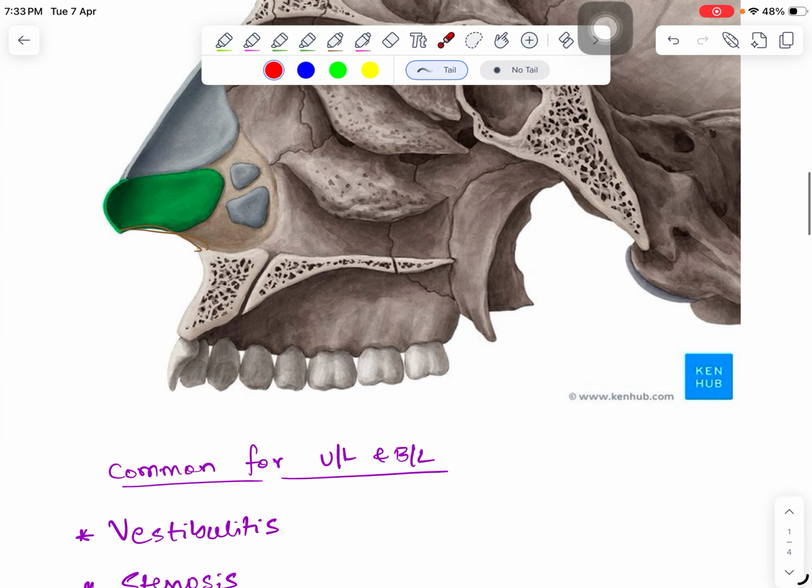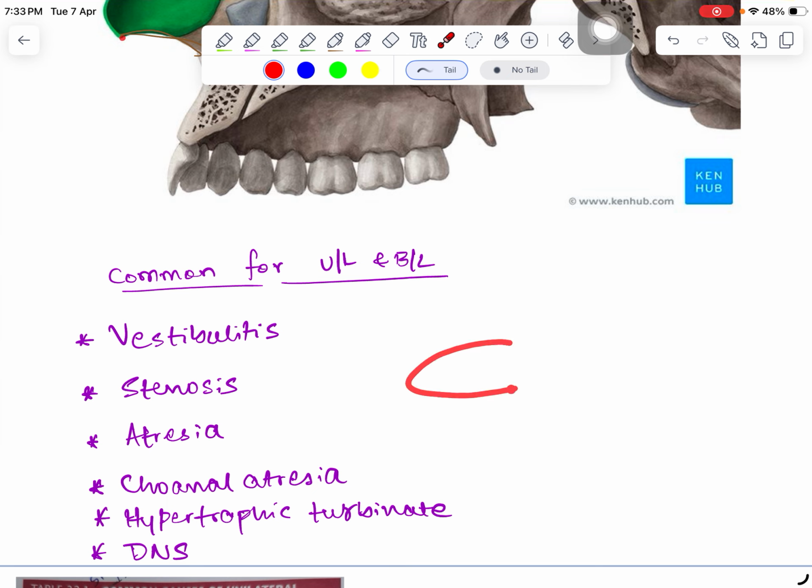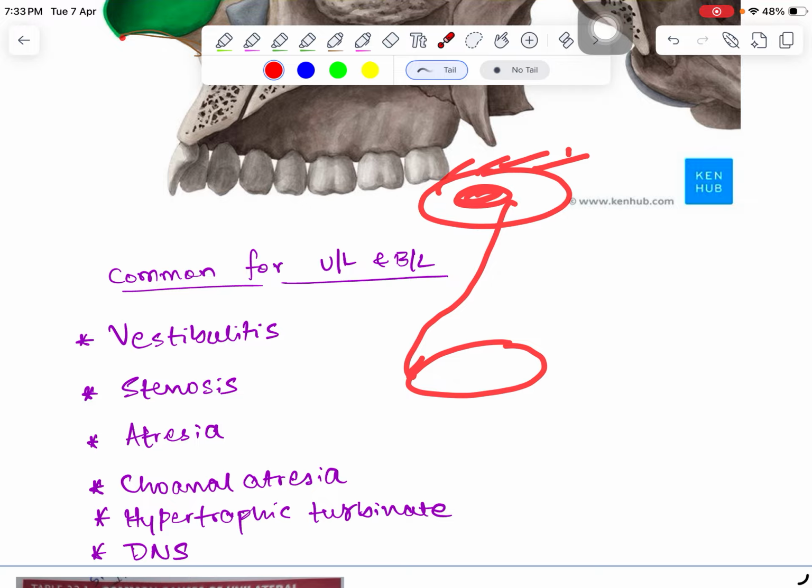See, in this diagram you see the first part of air entry, that is called the vestibule, that you will remember. Vestibulitis.